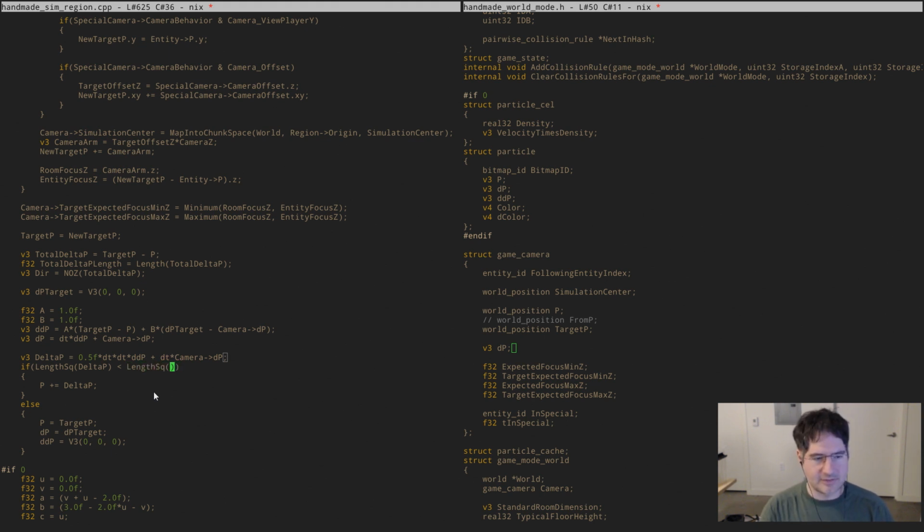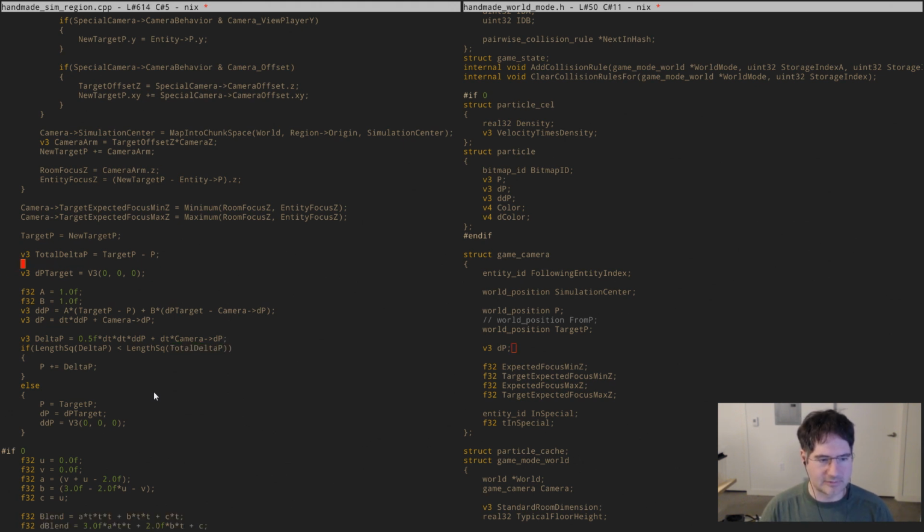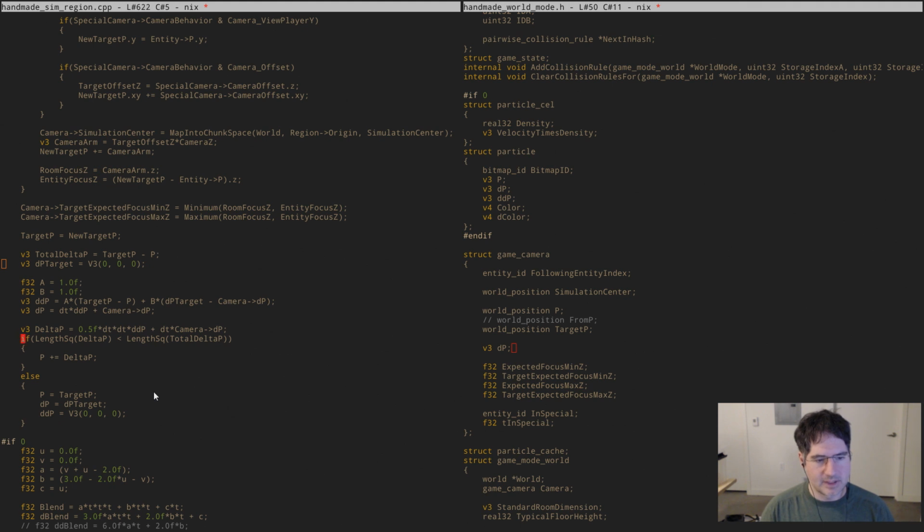So in this case, whatever the total delta p was, and these are not necessary anymore. So if the length squared is less than how far I have to go, then, or maybe I'll do it the other way. If it's greater than, then do the actual update step. Otherwise, just assume I arrived at the target. You know what I mean?